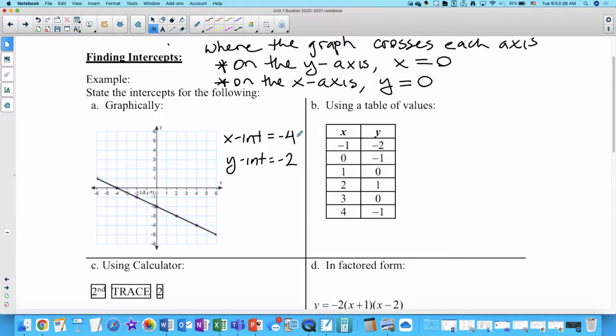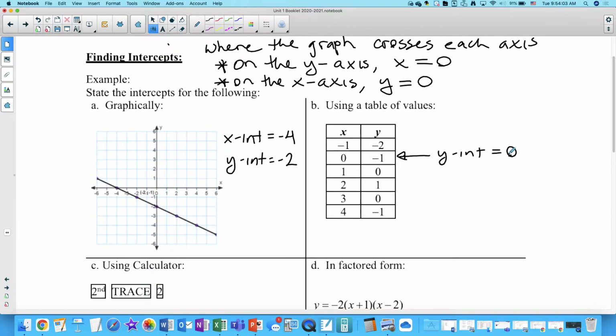If you're on the Y-axis, X is 0. So in your table of values, you want to find where X is 0. Right there. That's the Y-intercept. If you're on the Y-axis, horizontally, you haven't gone anywhere. You're at 0.